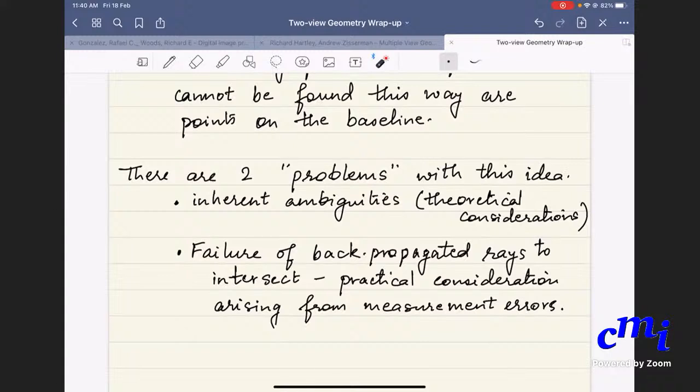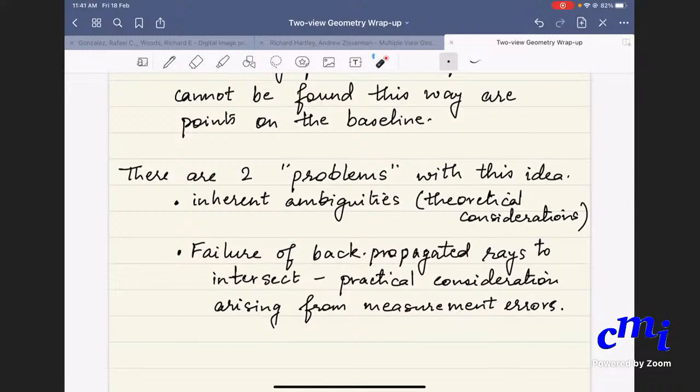But if your cameras are uncalibrated, which means you know nothing about the positioning of the cameras with respect to the world coordinate frame, and you also don't know the intrinsic parameters, then the reconstruction that we do is only up to a projective ambiguity, which means that the actual scene will be a projective transformation of what you determine.